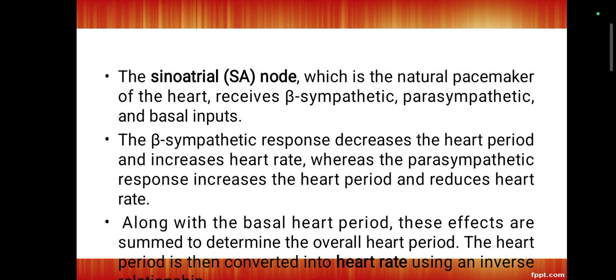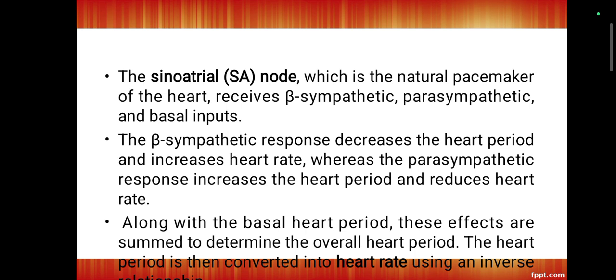Here is the SA node, which is responsible as the natural pacemaker of the heart, and which receives the beta sympathetic, parasympathetic and basal inputs. Along with the basal heart period, these effects are summed to determine the overall heart period.